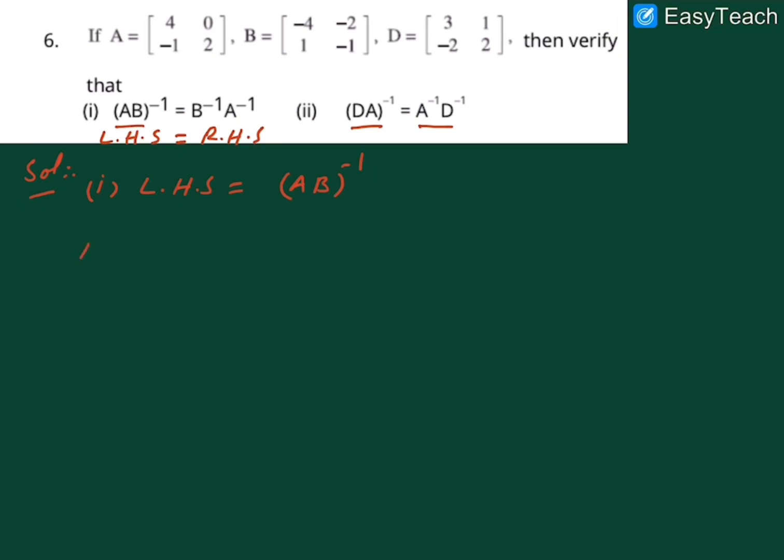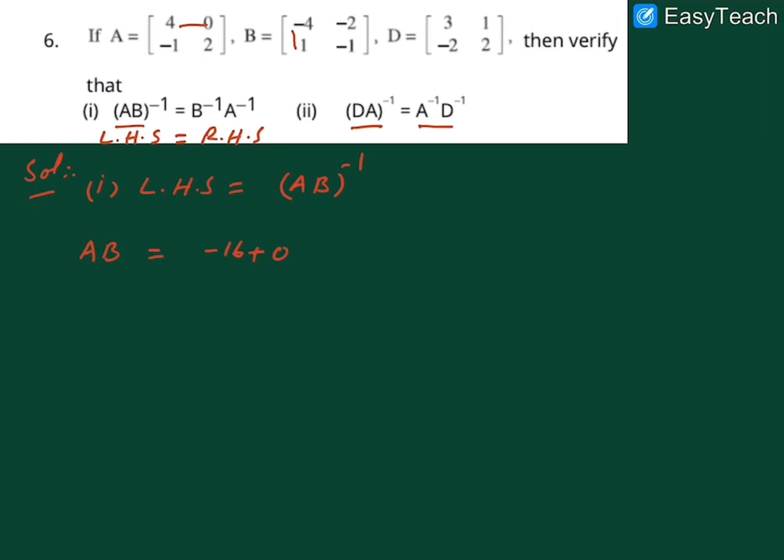So how to find AB first? You know, multiply A with B. This will be 4 multiplied with minus 4 and 0 multiplied by 1. 4 times minus 4 is minus 16 plus 0 times 1 is 0.